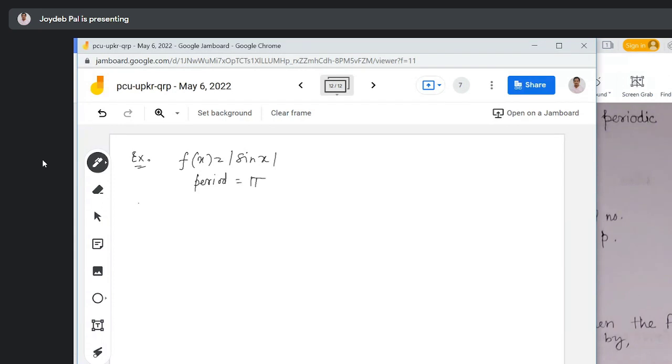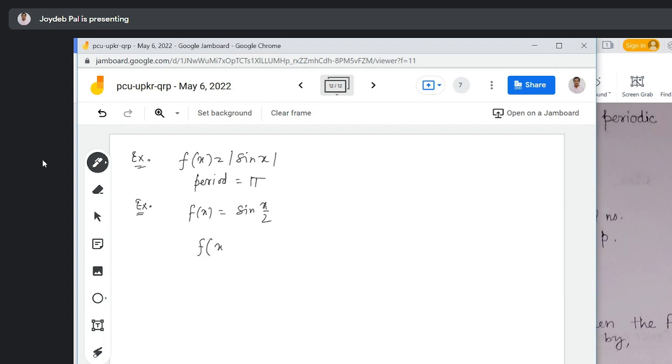You should say it; if you don't say it, how will it work? Now if I take f x equal to sin x by 2, can you tell me what is the period? Pi by 2. You are telling pi by 2.